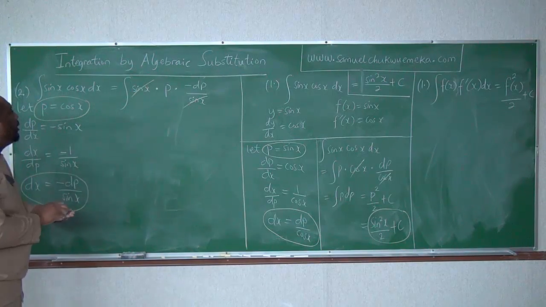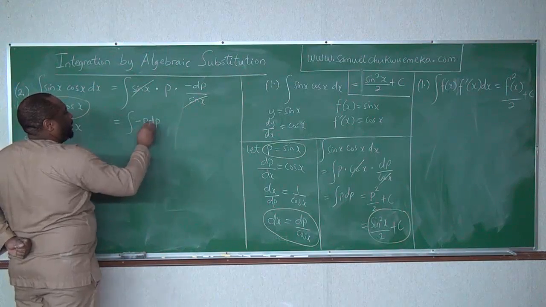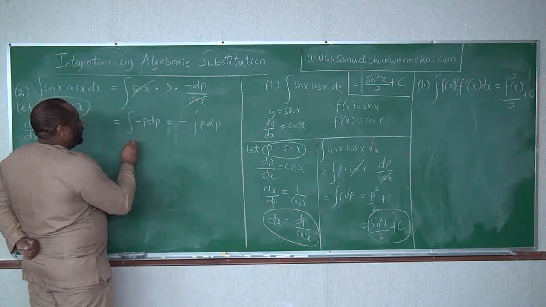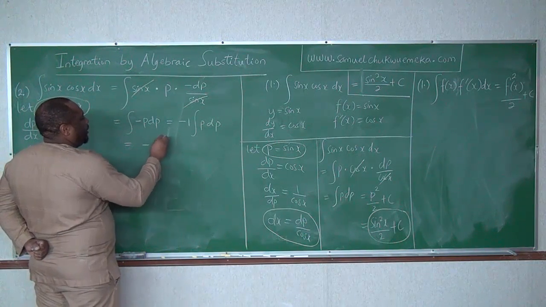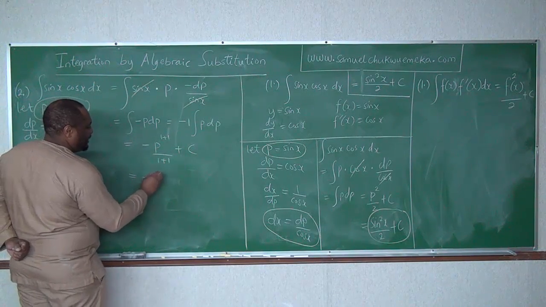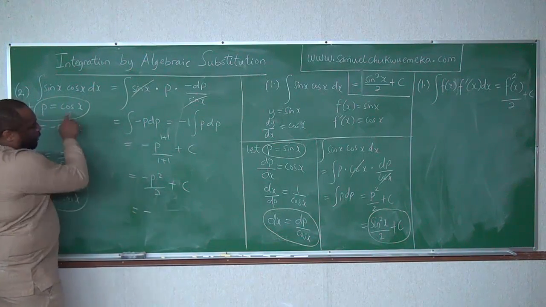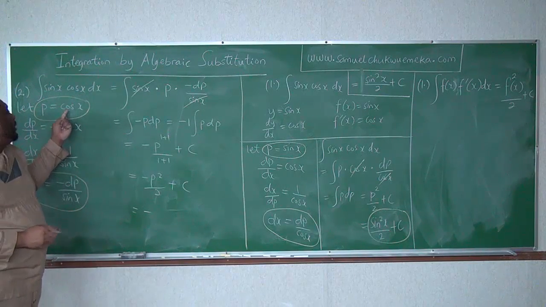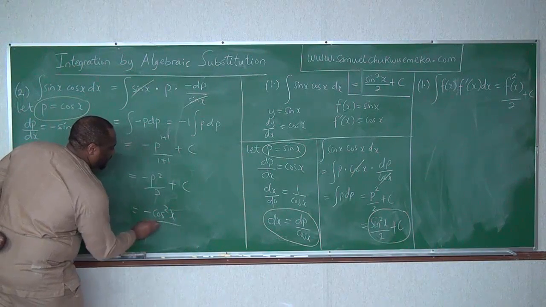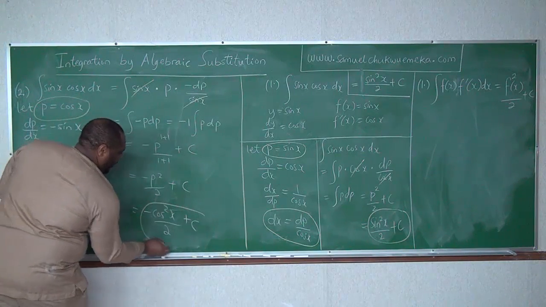It cancels out. So we now have integral of negative P dP. And that will give us negative 1 integral of P dP, which will give us negative P to the 1 plus 1 over 1 plus 1 plus C, which is negative P squared over 2 plus C. You substitute back. So this is negative cos squared x over 2 plus C. Okay, this is still correct.